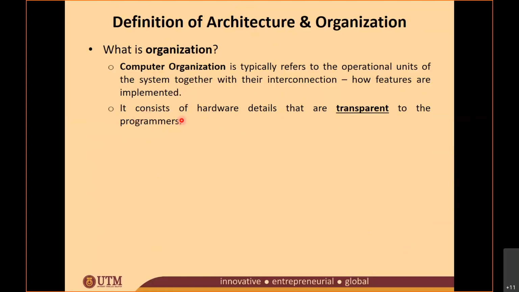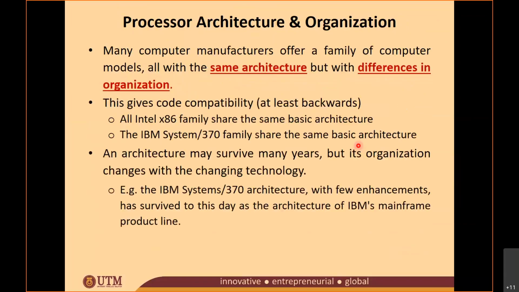It consists of hardware details that are transparent to the programmer. Many computer manufacturers offer a family of computer models. Kalau kamu tengok, kamu ada Acer, kamu ada Asus, kamu ada lagi MSI. That is a computer manufacturer.